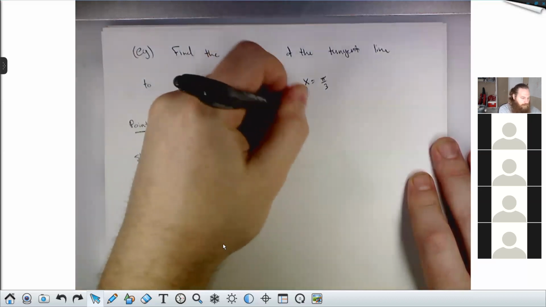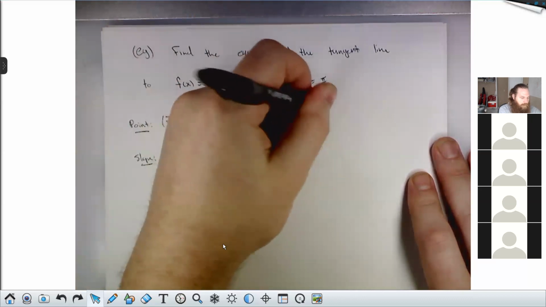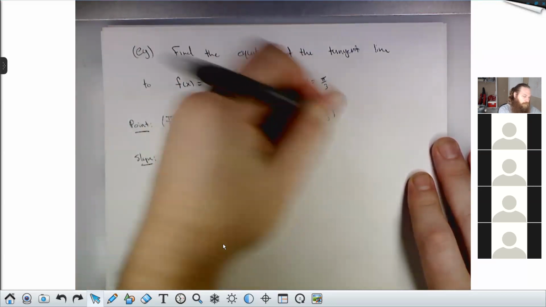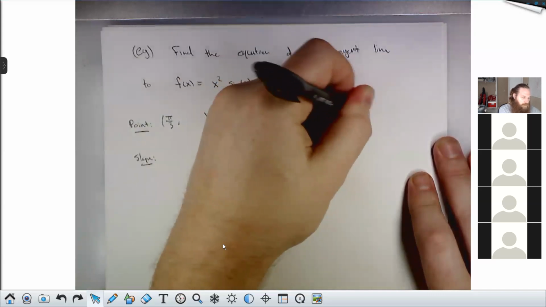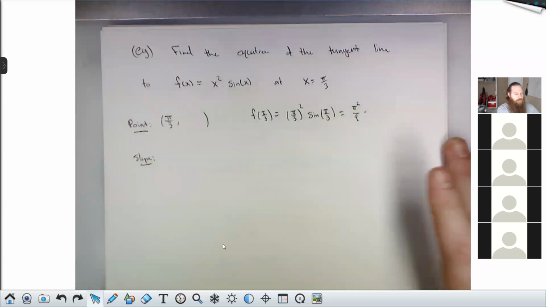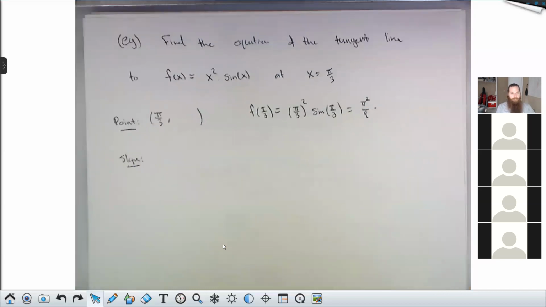It's pi over 3 squared times the sine of pi over 3. Pi over 3 squared is pi squared over 9. What's the sine of pi over 3? What's this piece?